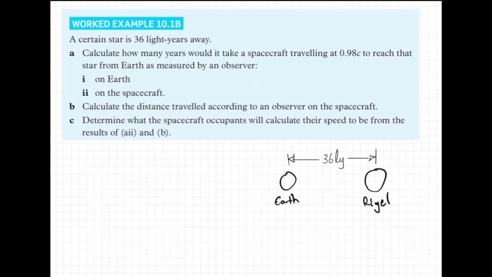Who has measured that length? Someone who? Right, so what length is that? Is that relative length or is that a proper length? 36 light years. When we look up at a star and we measure the length of that star from Earth, is that relative length or proper length?